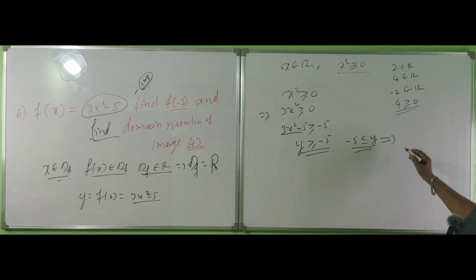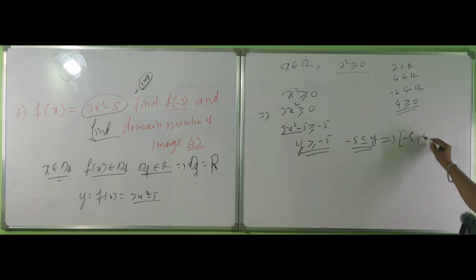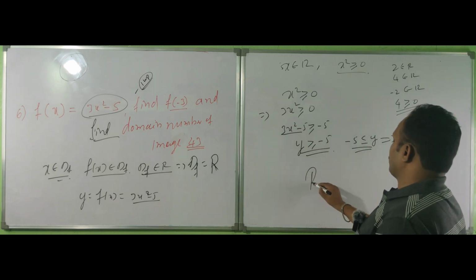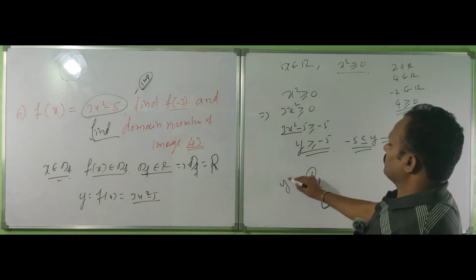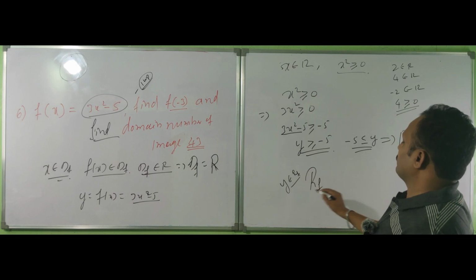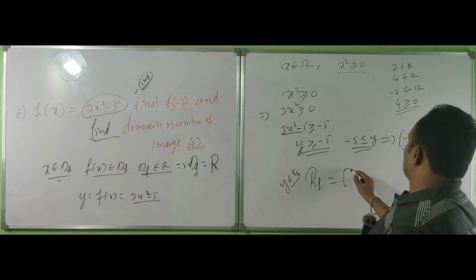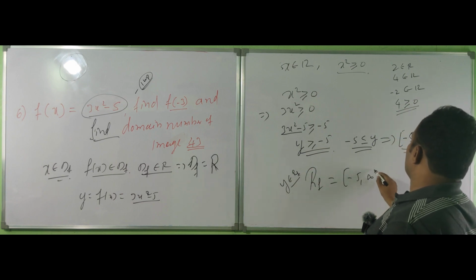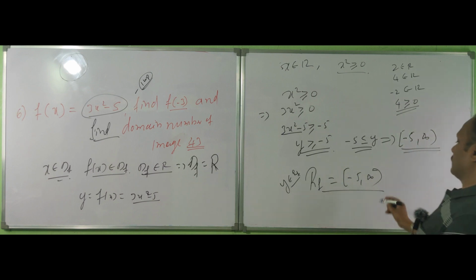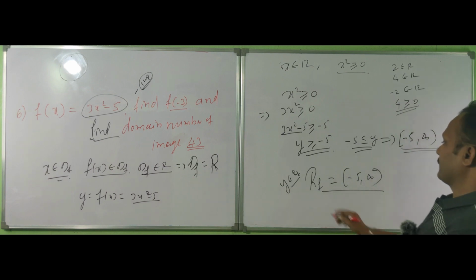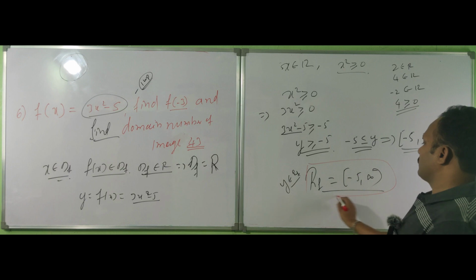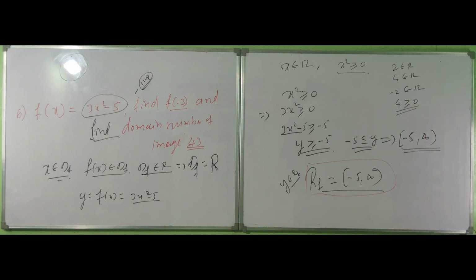This becomes: from minus 5 up to positive infinity. So y belongs to R of f. Therefore R of f is equal to minus 5 to infinity.